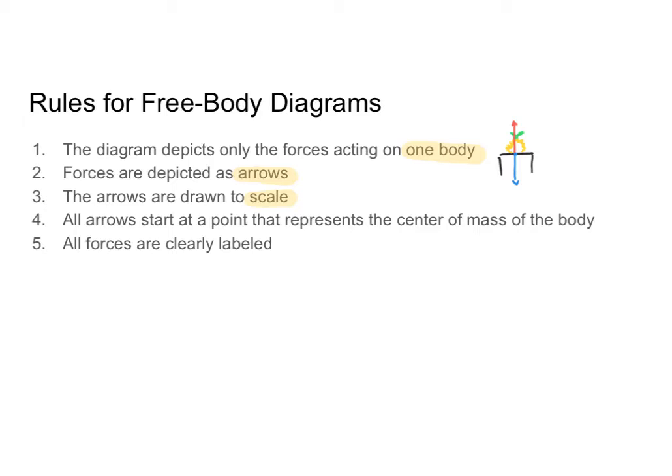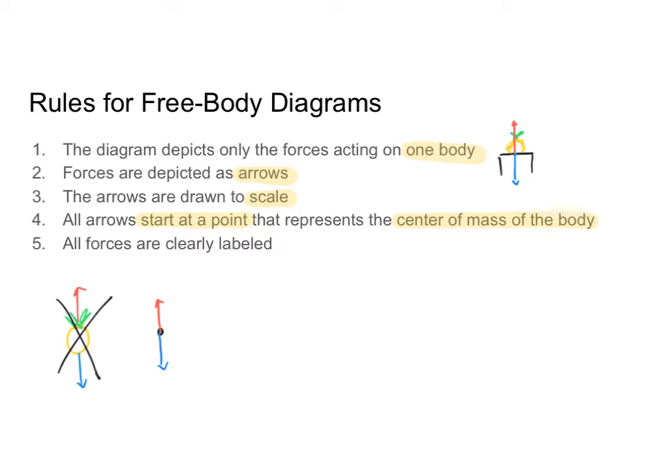And that is that all arrows should start at a point that represents the center of mass of the body. So what that means is, rather than taking a picture of my pineapple and drawing the gravitational force coming out of the bottom of my pineapple and the normal force coming out of the top of my pineapple, what I'm going to do is draw a dot that represents my pineapple, and I'll draw my gravitational force and normal force, both arrows being the same length since my pineapple is staying on the table.